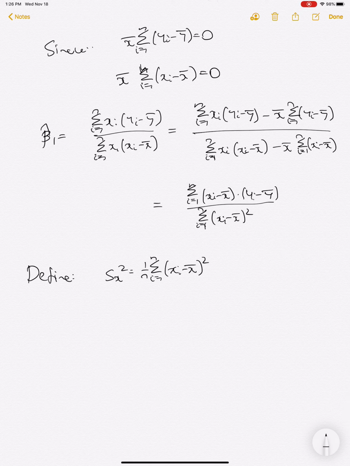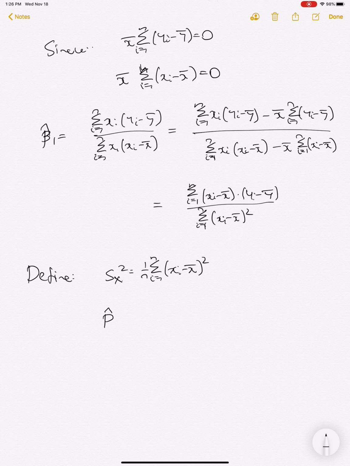I haven't bothered doing any correction here because the x's are not random variables, so I'm just going to normalize by 1 over n, and so this is one data dependent quantity.